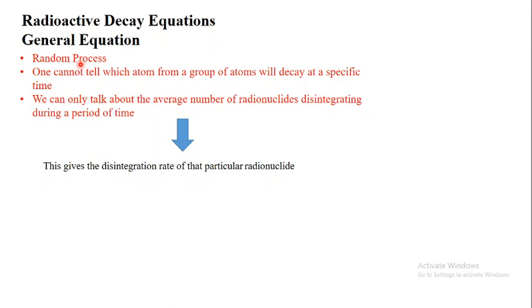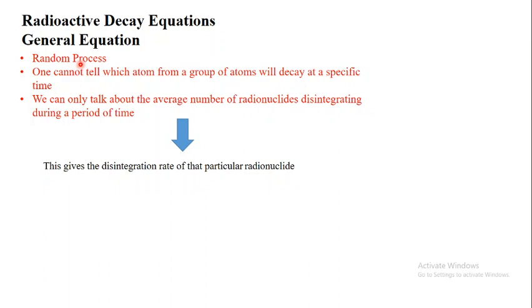They give information on how quickly a particular type of radionuclide will be disintegrated into daughter nuclide, and how slowly different kinds of radionuclide may be converted into daughter nuclide. So it totally depends upon the half-life of a nuclide.